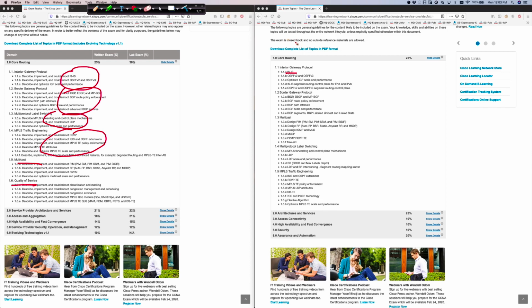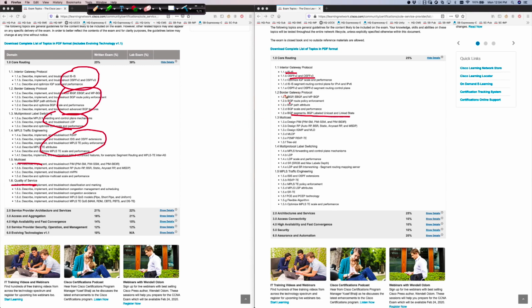We have ISIS, OSPF version 2 and version 3, which means IPv4 and IPv6. We have BGP. However, in BGP there's one new topic that will be a major focus, which is segment routing, or BGP segments, label unicast and link state. This was not a major focus in 4.1, but in the new blueprint it is going to be a major focus in your lab exam.